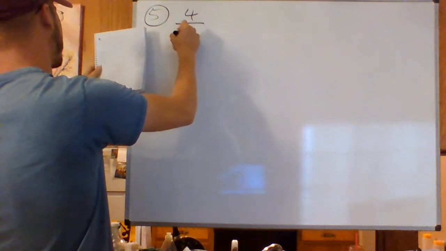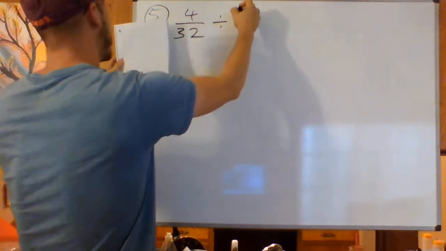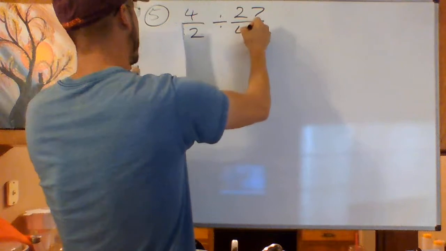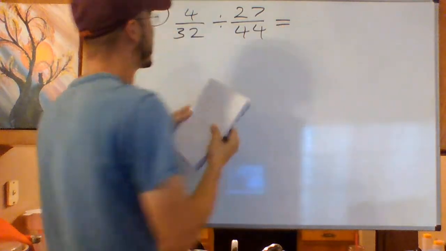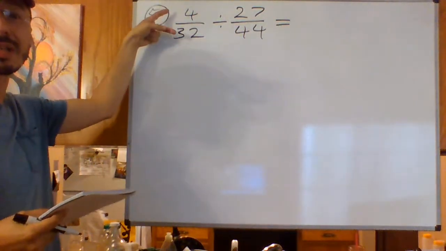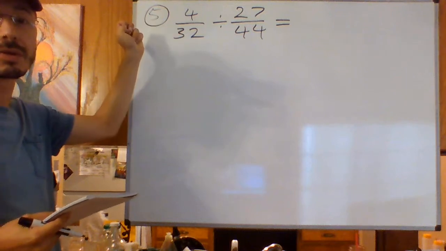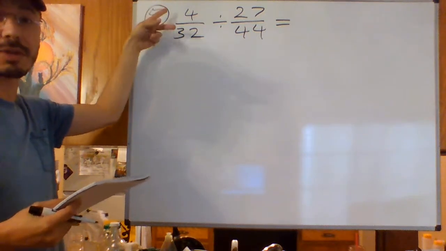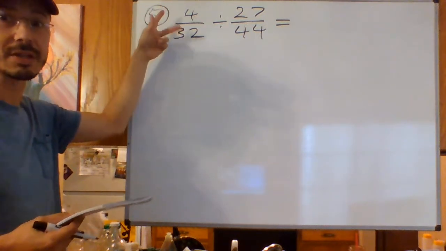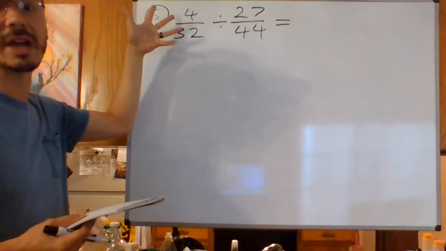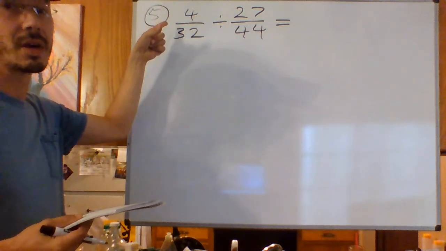This is number 5. 4/32 divided by 27/44. And I pronounce this as divided by, but you can say 4 over 32, or 4 atop 32, or 4 by 32, whatever it is for the fraction. It means division.